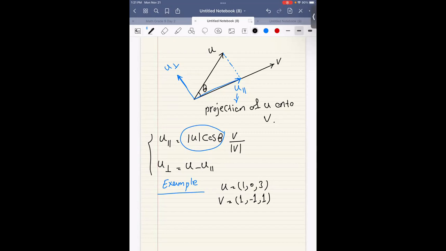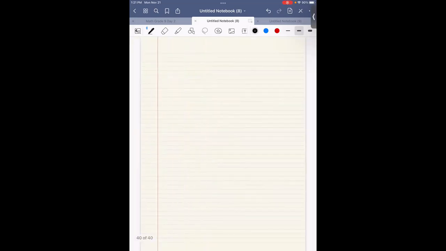And that's an important question: how to find the angle between two vectors in general. I didn't teach you how to find the angle.